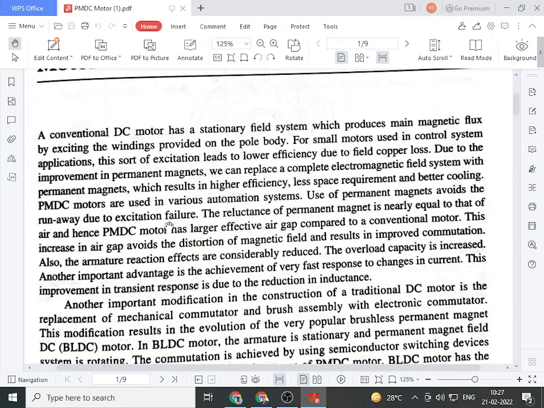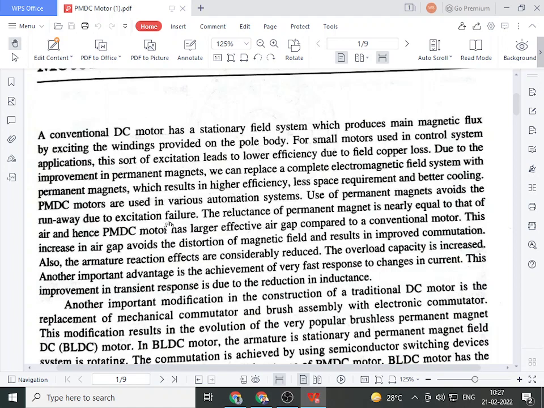When a conventional DC motor is considered, if an excitation failure takes place, it will definitely lead to a complete stopping of the motor. If there is no excitation, the motor will come to rest. But such an excitation failure problem is not present in a PMDC motor, because no external excitation is provided to the field system.